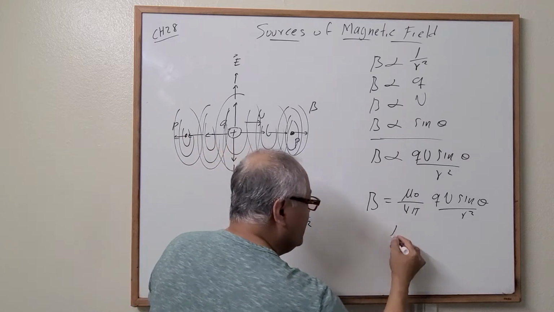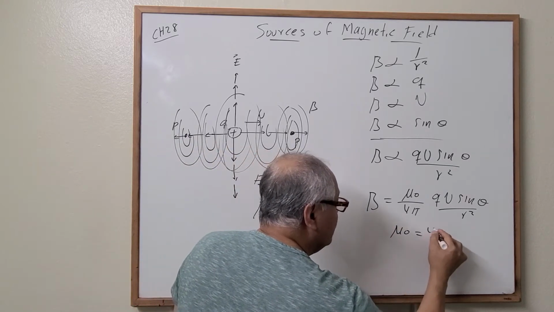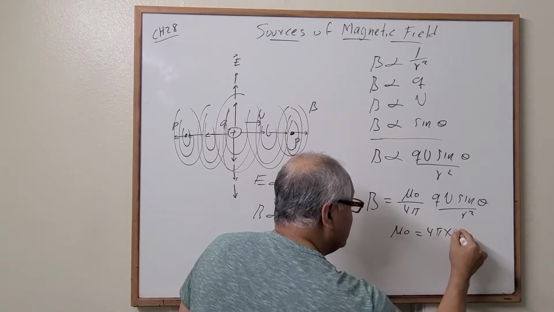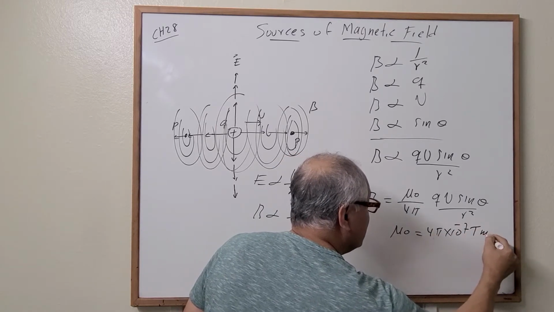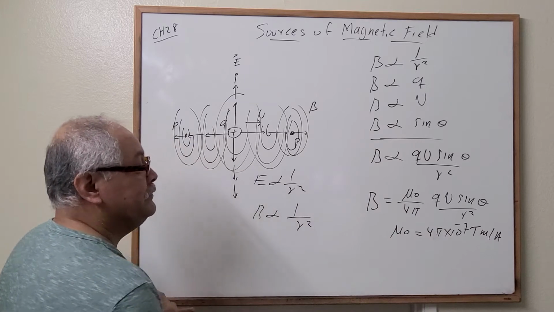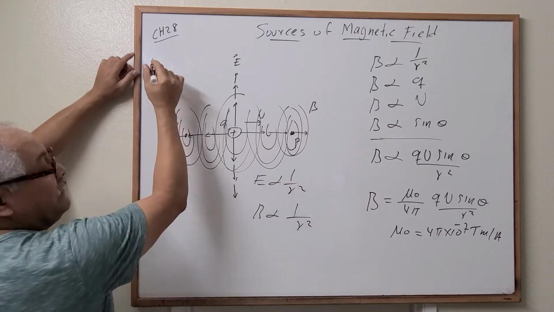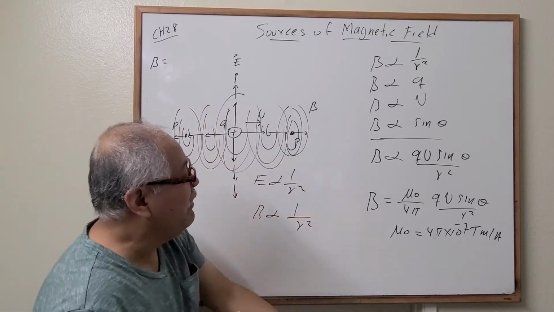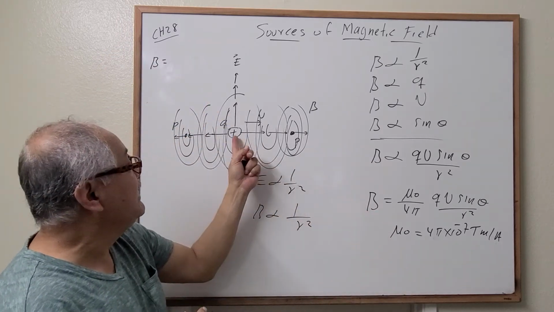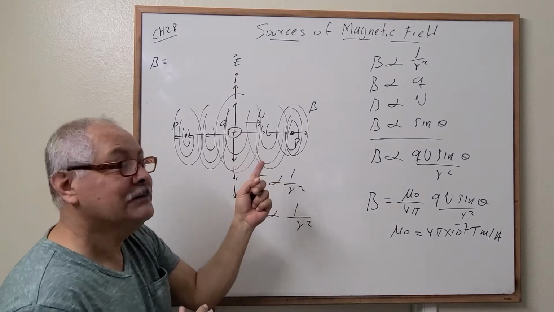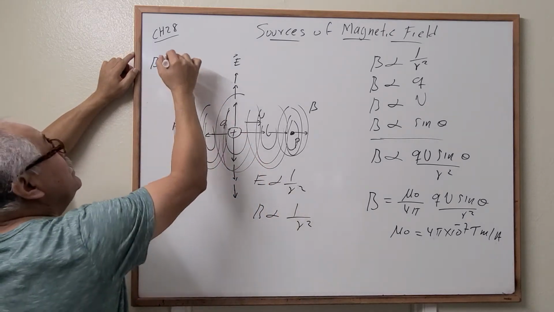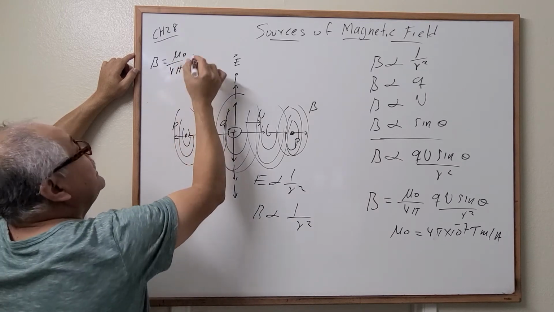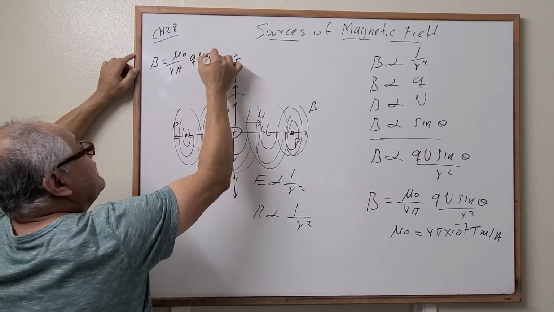Where mu naught is equal to 4 pi times 10 to the minus 7 tesla meters per ampere. So we have this equation that gives us the magnetic field created by a moving charged particle. It is equal to mu naught over 4 pi times the charge times v times sine theta.